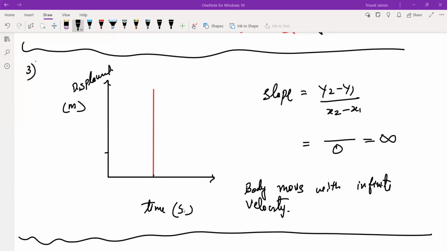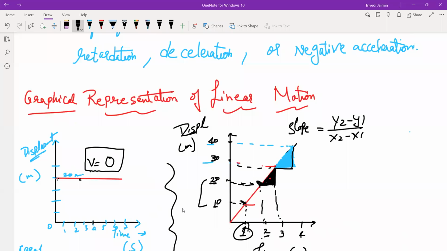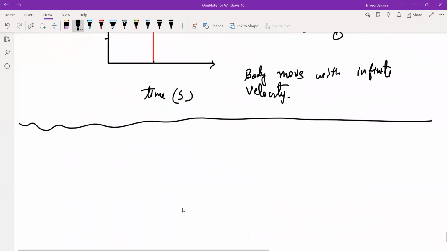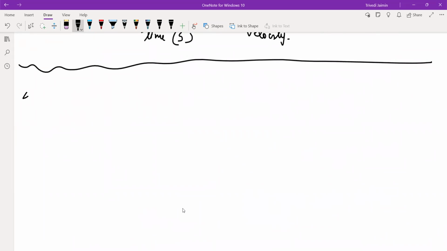Let's draw, this was C. I didn't give a heading. Okay, we give. So fourth one: velocity-time graph. Let's start with the same.